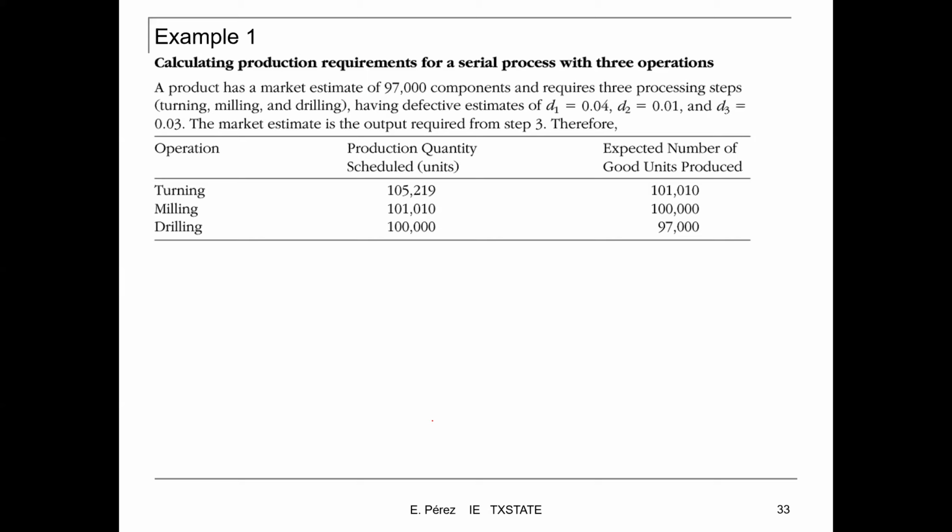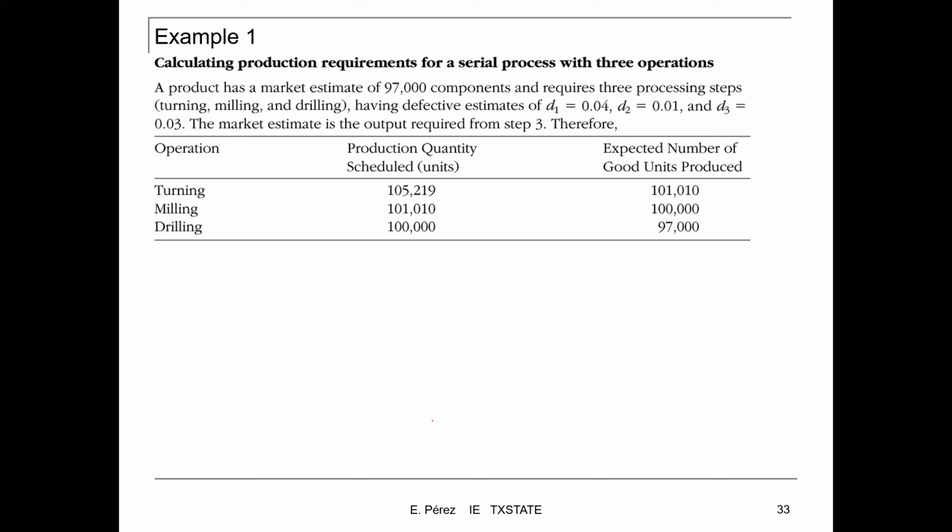Each of these processing steps has a defective estimate: for the first one it is 0.04, for the second 0.01, and for the third 0.03. The market estimate is the output required for step 3.